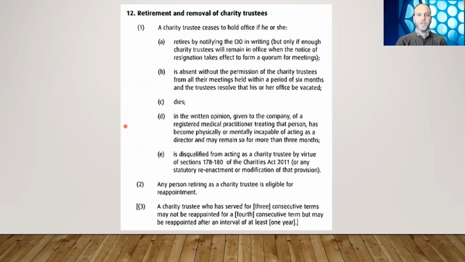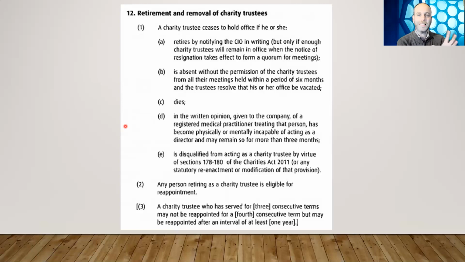D, subsection D. The analogy that I give here is it's a bit like getting a doctor's note. If you're employed and you have an accident at work or you become unwell and you go and see your doctor, in the opinion of your doctor or another medical practitioner, they say, we feel you are not fit for work. For the next 3 months, 6 weeks, you're signed off sick from work. This clause, section D, is the equivalent of that.